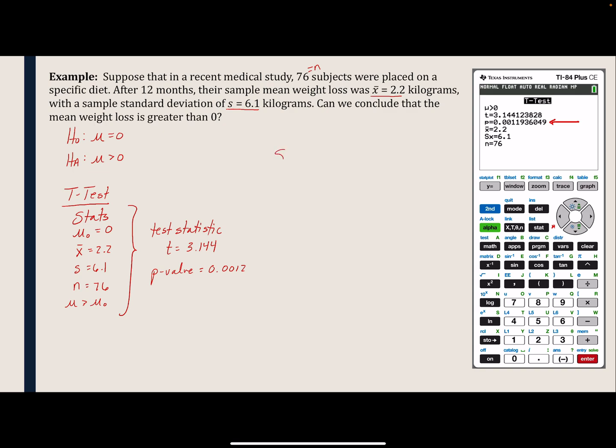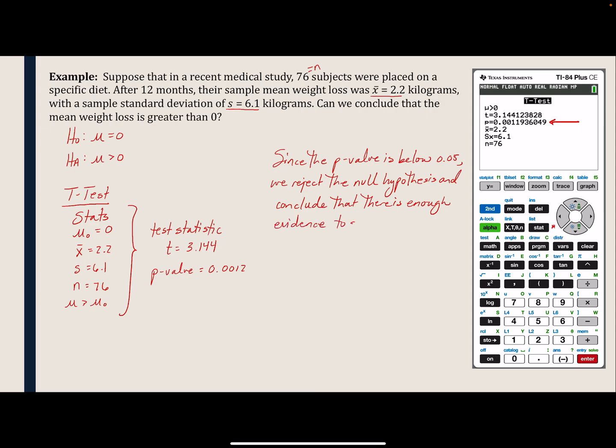So we'll say that since the p-value is below 0.05, we reject the null hypothesis and conclude that there is enough evidence to suggest that the mean weight loss is above 0 or greater than 0.